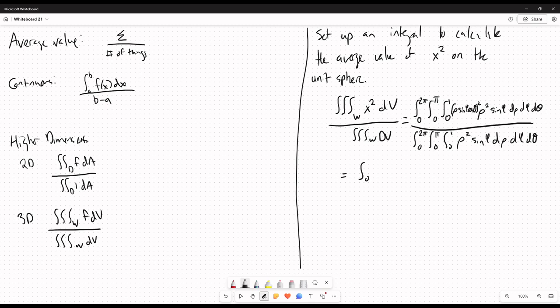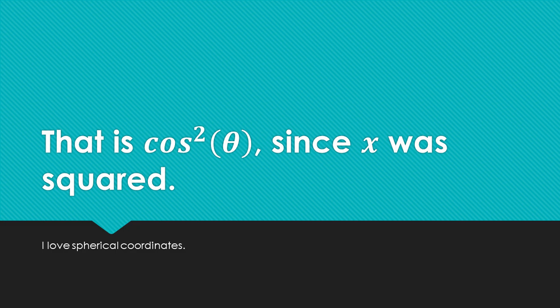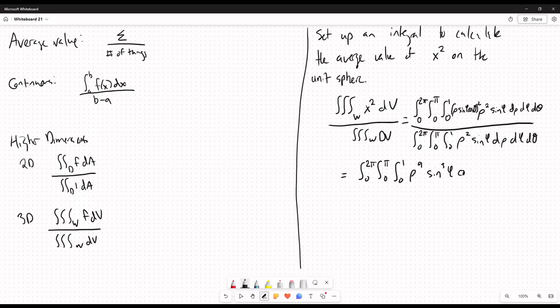I can't really do all too much to the numerator, but we'll at least combine some stuff together. We're going to have rho to the 4th, sine cubed of phi, and then cosine squared of theta, d rho, d phi, d theta.